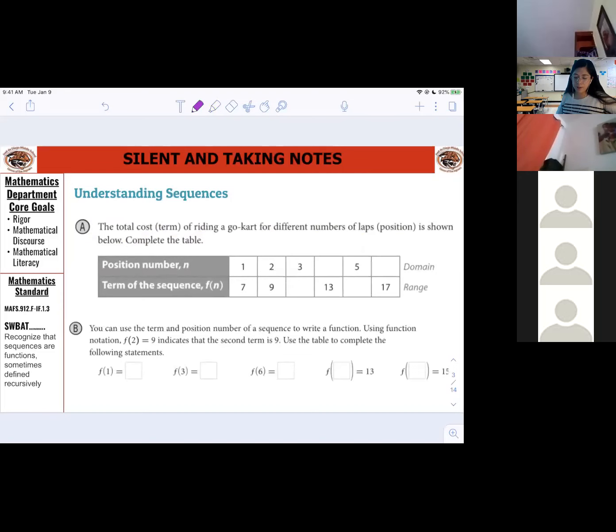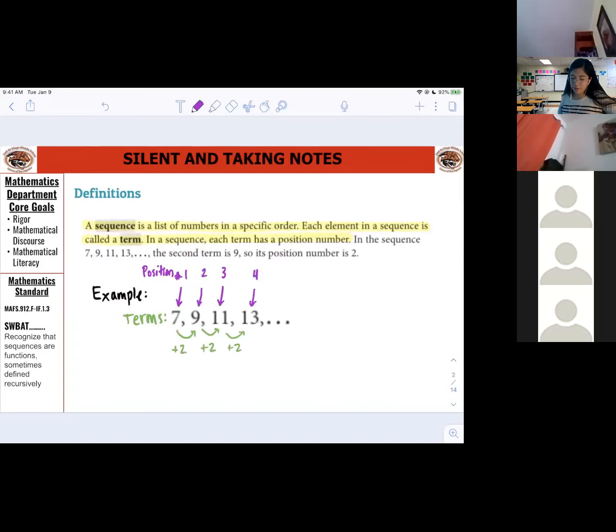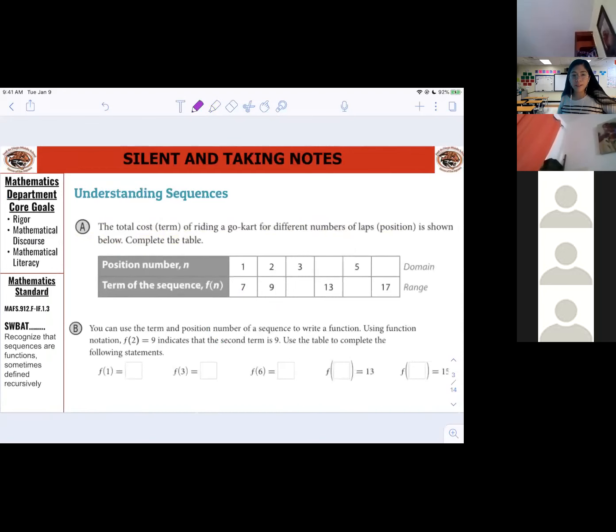However, I just want you to notice a couple of things. I took the same exact sequence from the previous page, 7, 9, 11, 13, and they made a table out of it. So on the table, I've got my sequence, 7, 9, 11, 13, 15, 17.